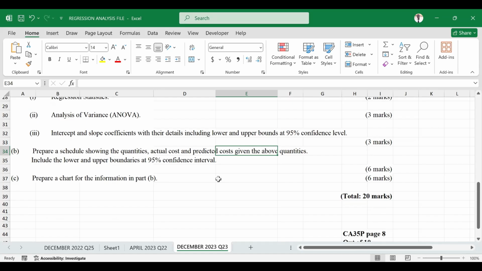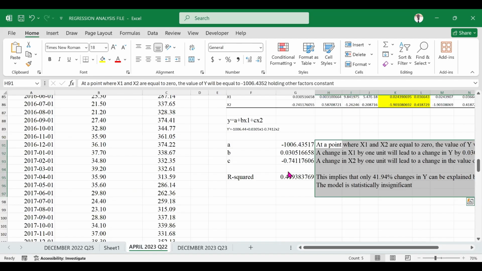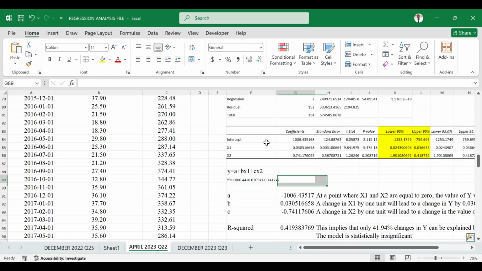And the cost function follows the linear regression equation, y = a + bx. So in your output, like the same case we did last time, you have the a, then you have the variables x1 and x2, and the slope. So you can come up with the linear regression equation like we did here.